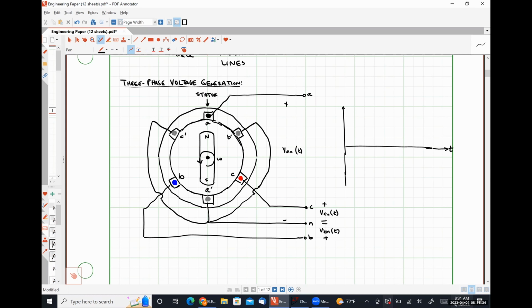So I'm going to draw VAN in black. Okay. So let's just say that it's going to start here. It's going to look something like that.